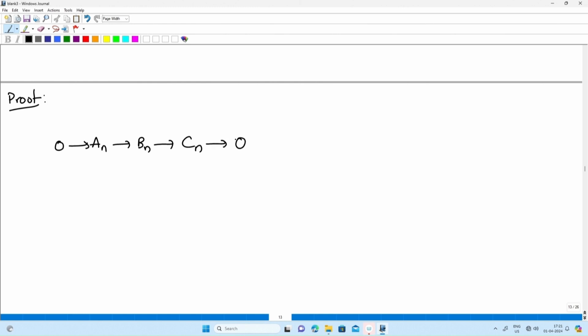Yes: 0, An, Bn, Cn, 0, because A dot, B dot, C dot is a short exact sequence, so every column of that is also going to be an exact sequence. This is the column written as a row. Then similarly we have An minus 1, Bn minus 1, Cn minus 1 and 0.